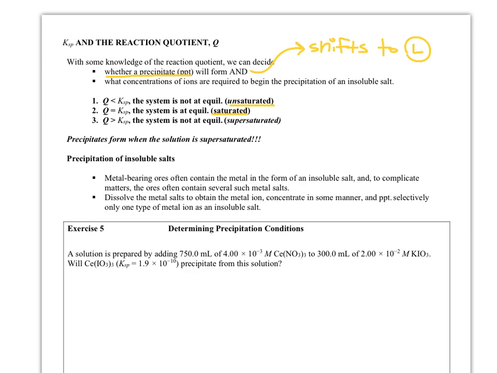If Q is greater than KSP, that means there are more product ions. Remember from first year, hopefully, that this is more ions dissolved than what would theoretically be possible, when we're supersaturated. So that's not ideal. If I have too many ions dissolved in my solution beyond that KSP value, it's really unstable.